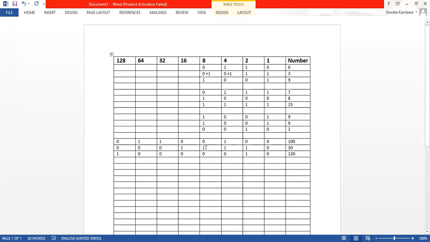Your answer is right. Sorry, you can represent numbers up to I think 255, up to 255. So if your addition is up to 255, your addition will be correct. If it is not, then you cannot get the right result with 8 bits. You have to increase the number of bits.